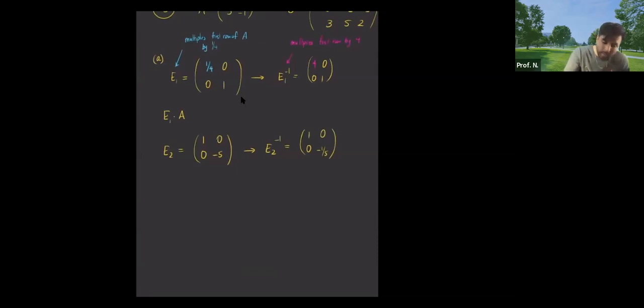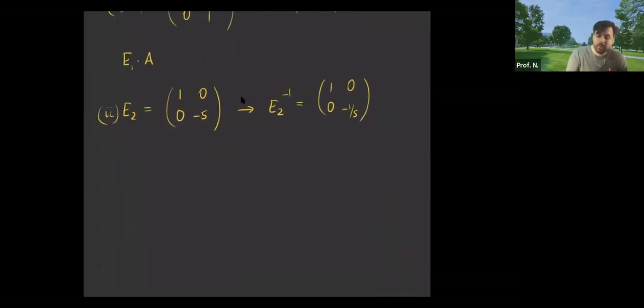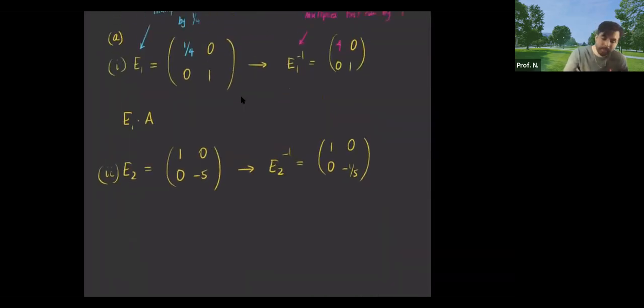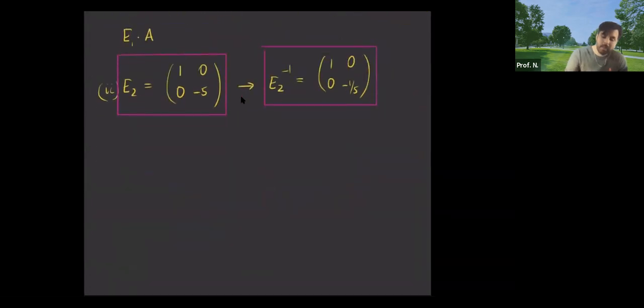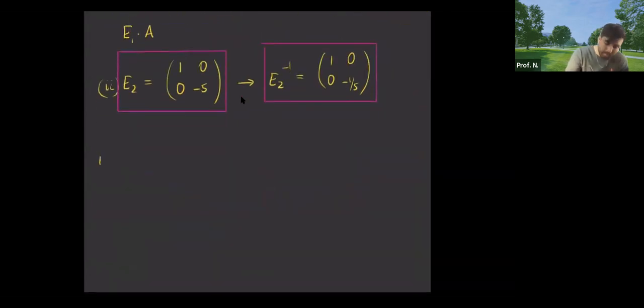So that's E1, that's E2, and E2 inverse. We got that one. We got this one. We got this one. We got this one. The next one. What does the next one say? E3.